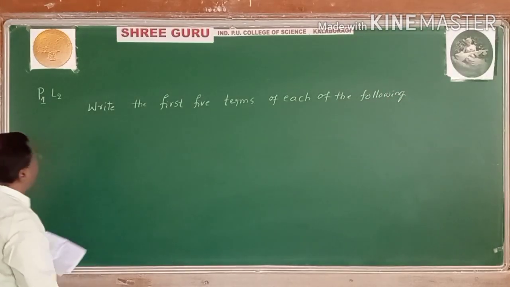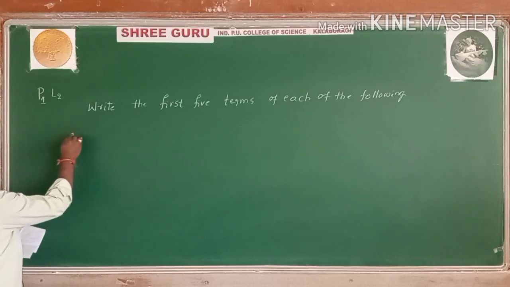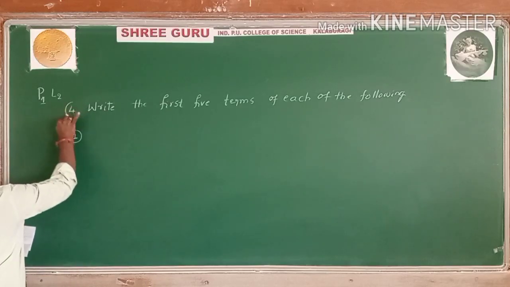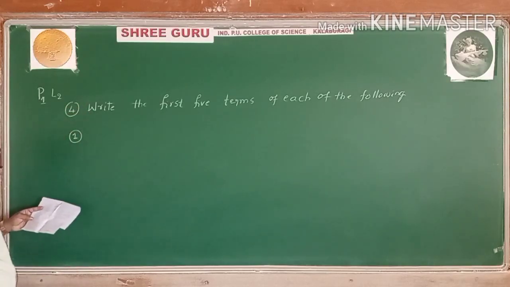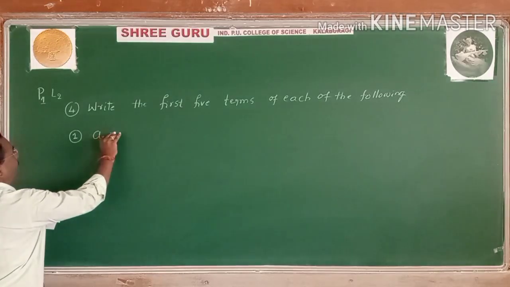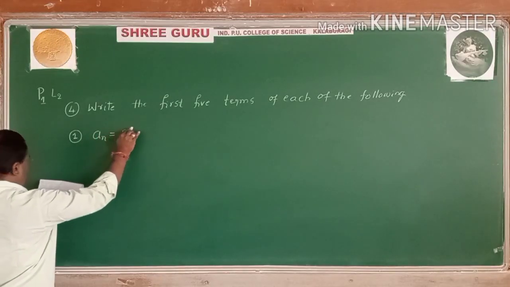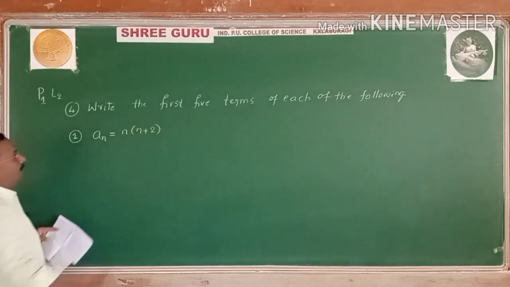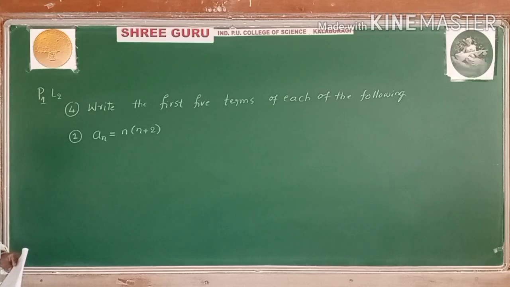Here one by one. First one: an is equal to n into (n plus 2). Next, an is equal to n into (n plus 1).